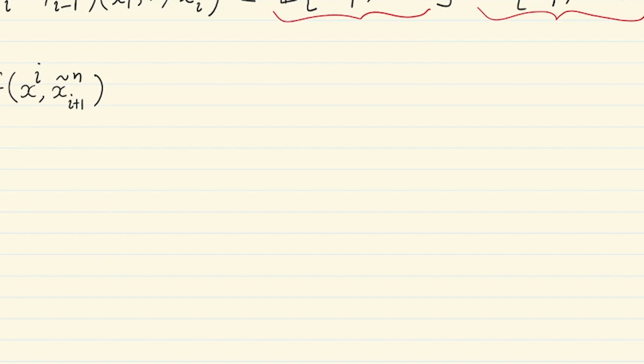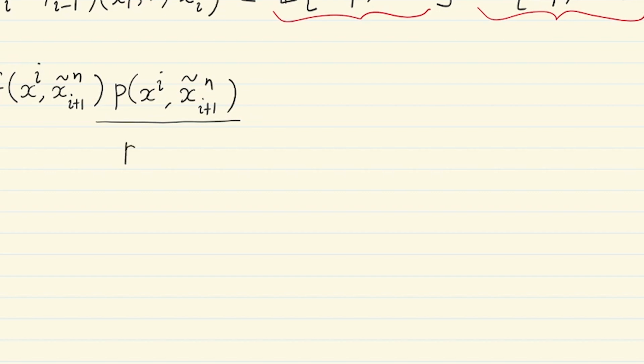What I mean by that is one has to multiply this by the conditional distribution where the first i random variables are fixed to xi and the remaining are allowed to range in the x tildes, and to normalize, one has to normalize to express this conditioning event.